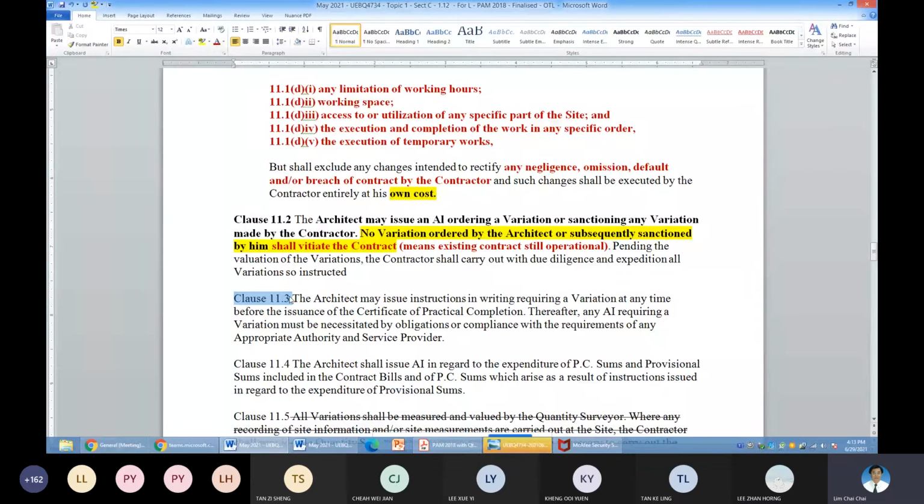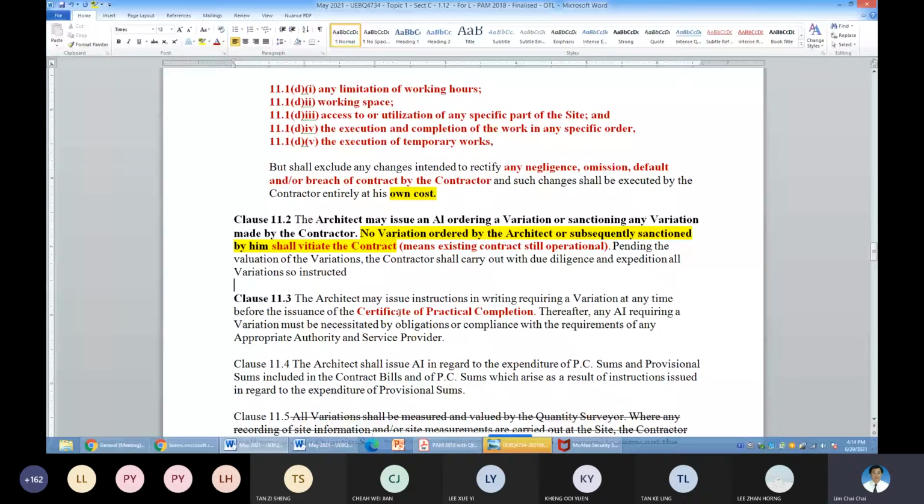So it is at any time before CPC. Generally, the architect under clause 11.3 can issue VO at any time before the issue of CPC.